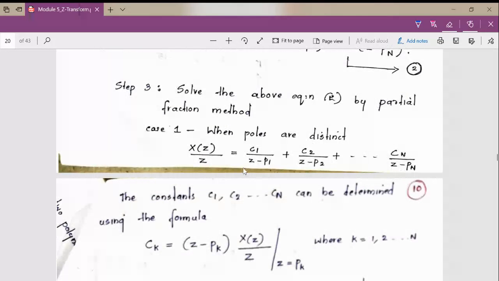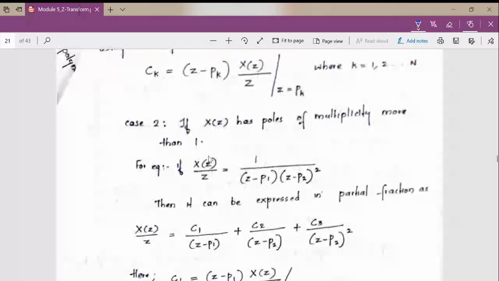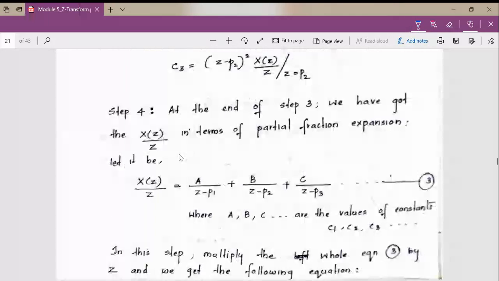Then we write the equation as X of Z by Z equal to C1 by the first pole, plus C2 by the second pole, and so on. Then we solve for the values of C1, C2, etc.